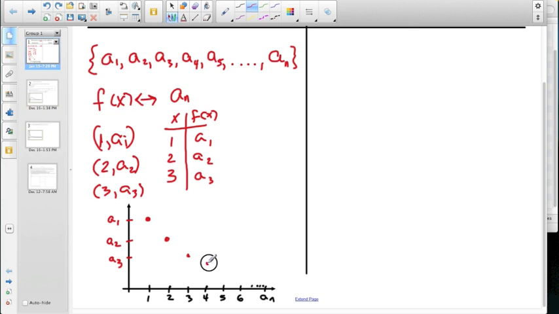So if we look at these values, here's a sub 5, there's a sub 6, dot, dot, dot, maybe a sub n is way down here. These are the individual values of the sequence.